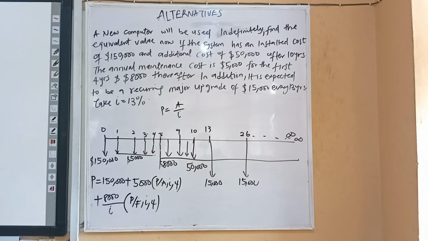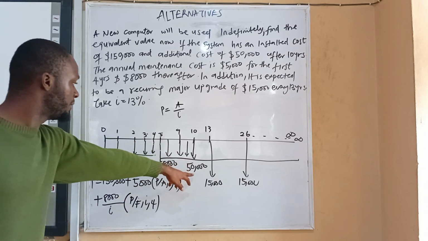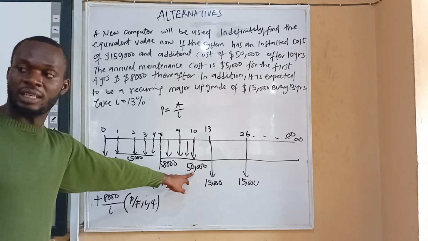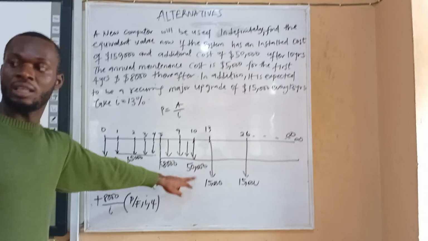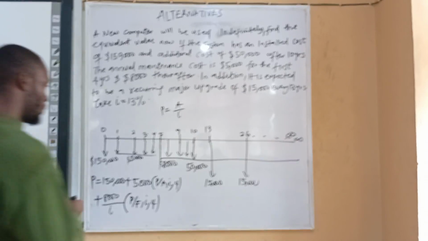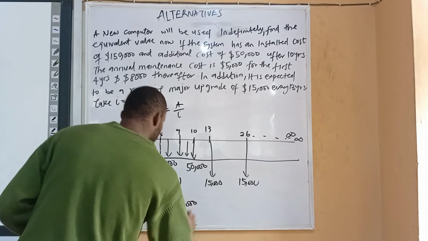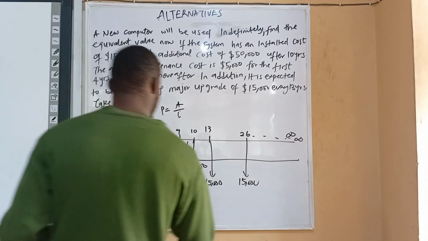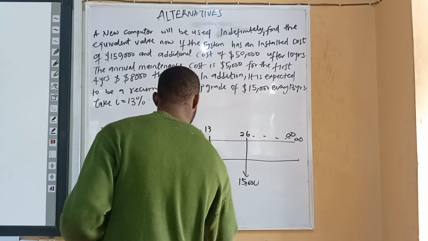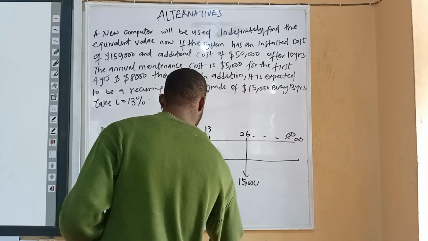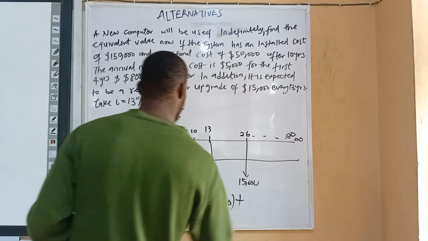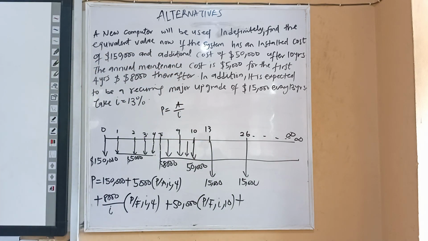The next one now, we have this 50,000 naira that was spent after 10 years. We take it to the present as plus 50,000 bracket finding the present given future for 10 years.